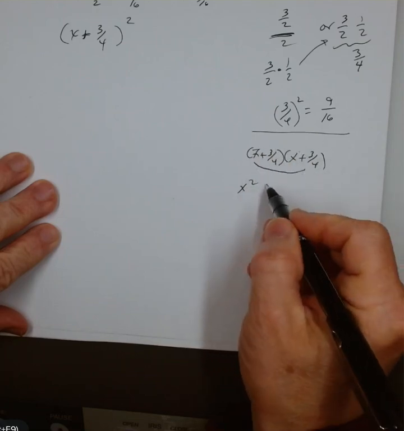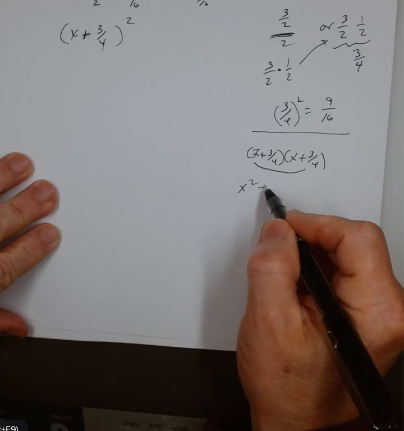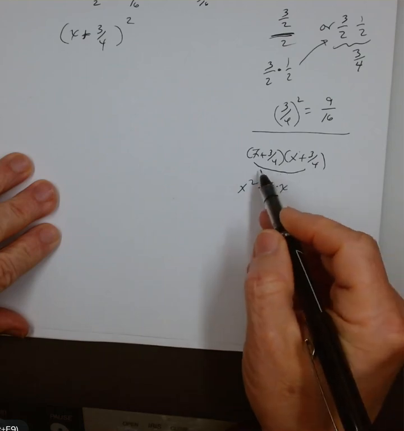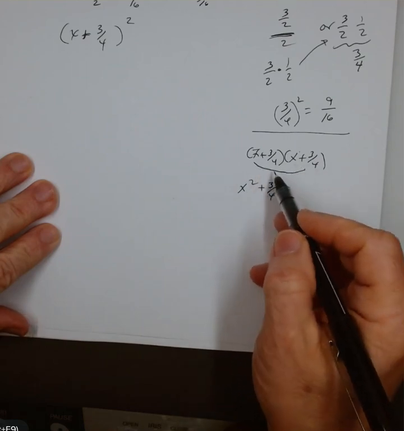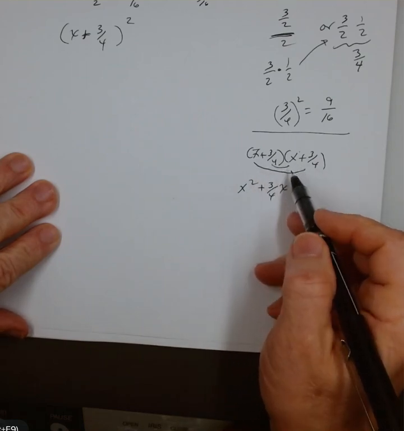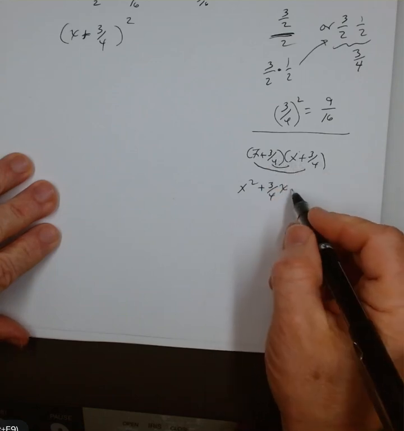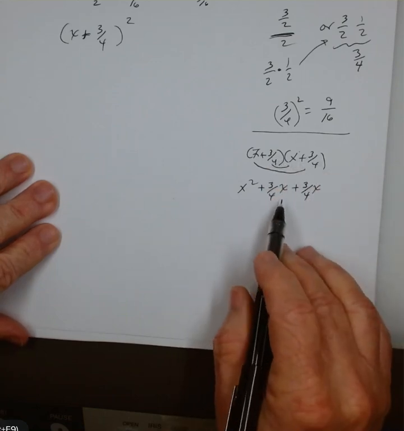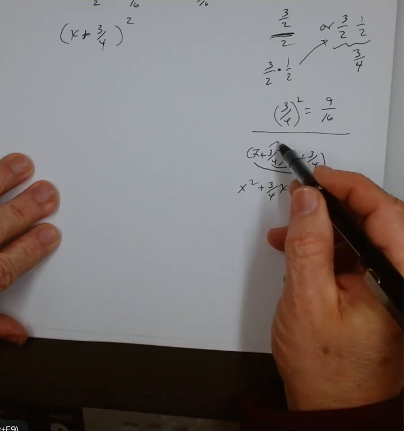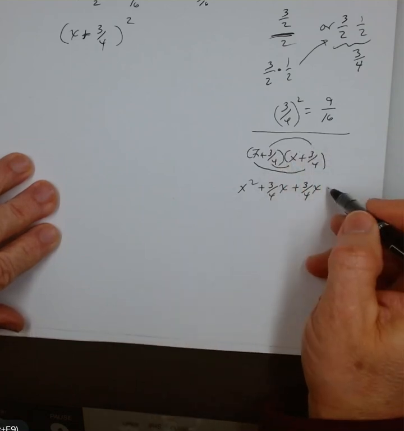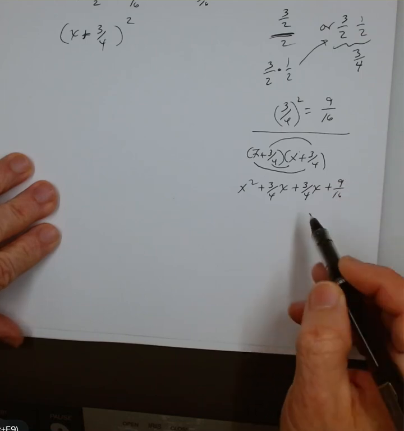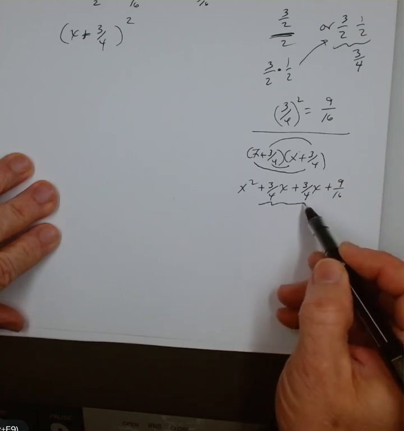What's x times 3/4? 3/4 x. And so whenever you're squaring a binomial, the outer and the inner should always be the same. So what's 3/4 times x? 3/4 x. Those have to be the same. And then what's 3/4 times 3/4? 9/16, right?